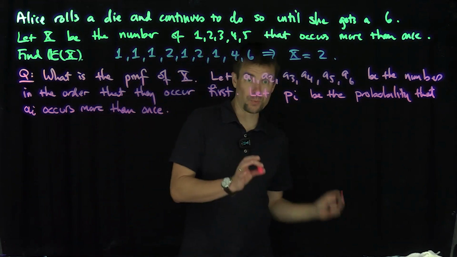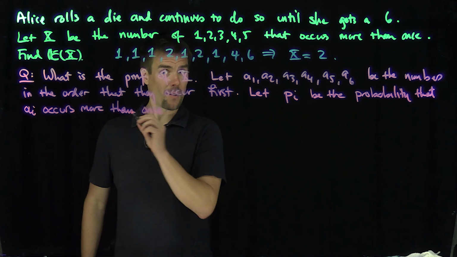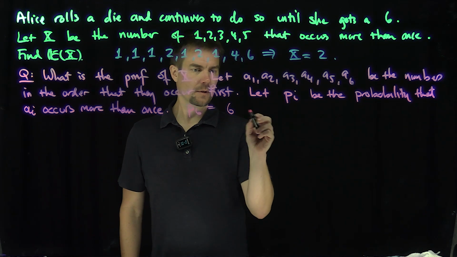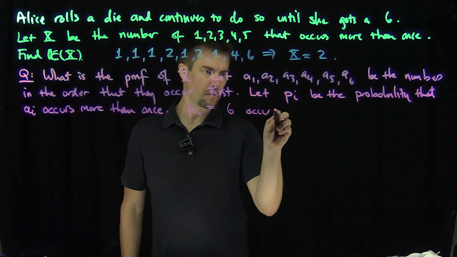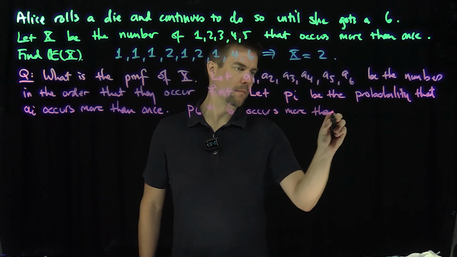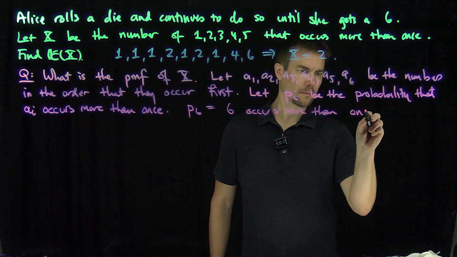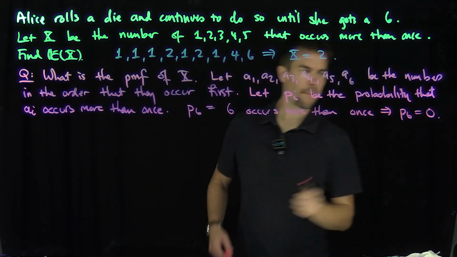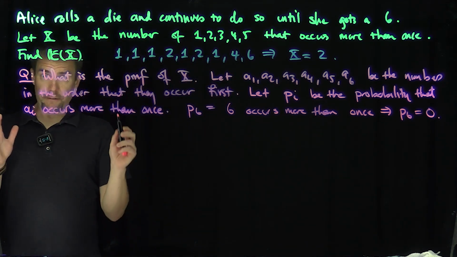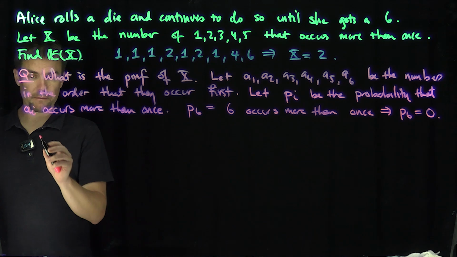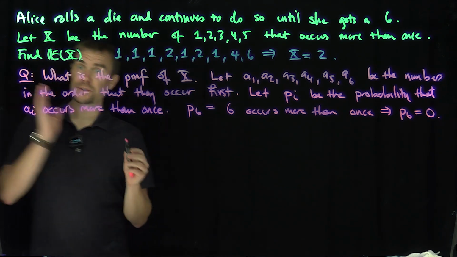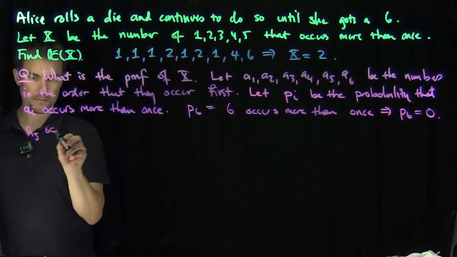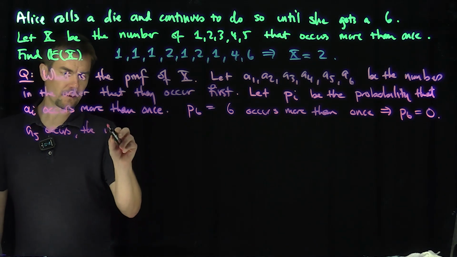Okay, so the easiest one to compute is P6. Let's think about why. What's P6? P6 is the probability that 6 occurs more than once. Okay, that's 0, right? Good. And then what about P5? P5 says that A5 occurs, and then what's the chance that A5 occurs again?